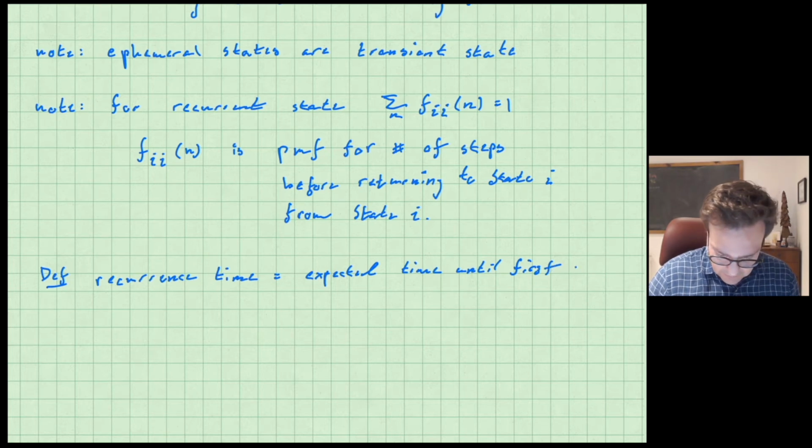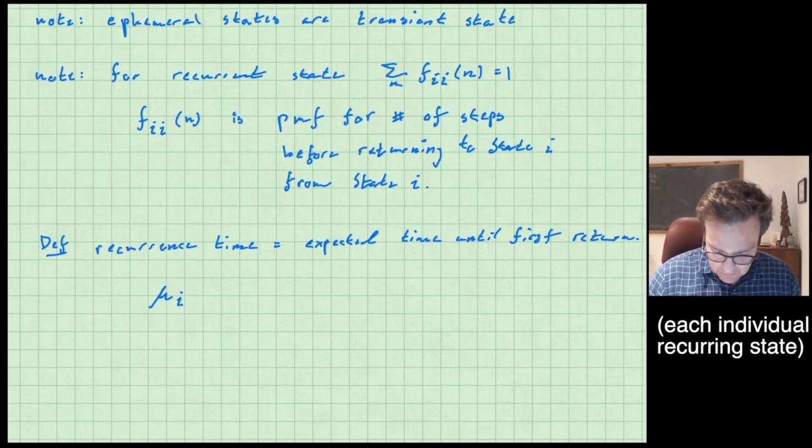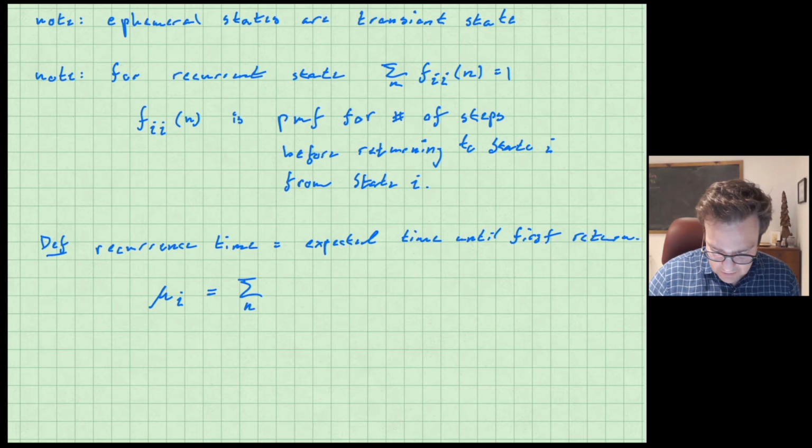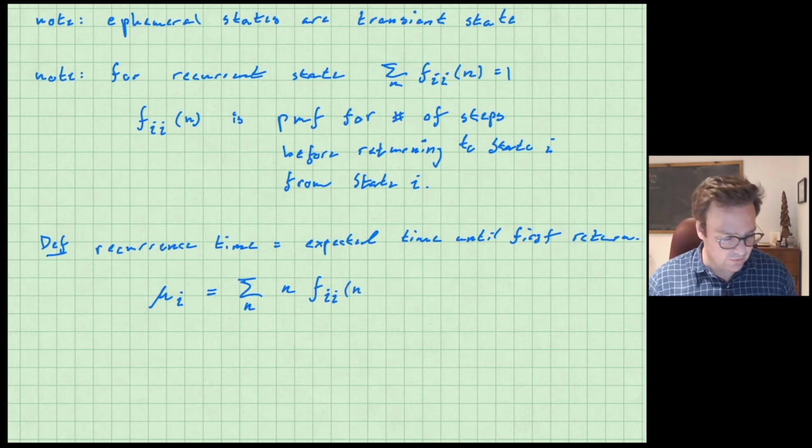So mu_i will be the name of it, and it goes along with each individual state. There's one for each state. And this is a sum over all n of n times this PMF, f_ii^(n). So that's what we call the recurrence time.